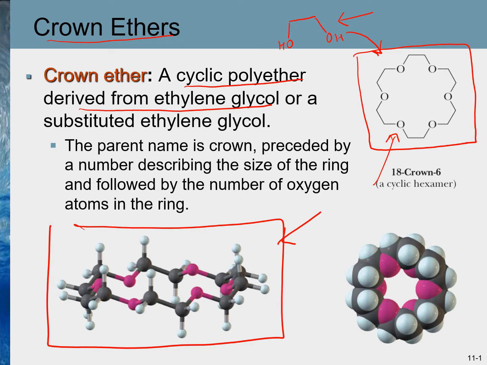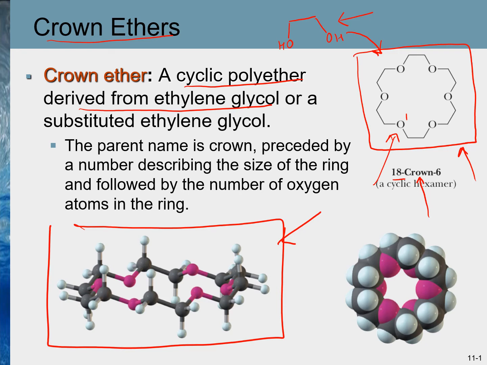These ethers are named by the system devised by Pedersen. According to his system, the parent name crown is used to describe the crown ether, and it is preceded by a number which describes the size of the ring. In this case, the size of the ring is 18.